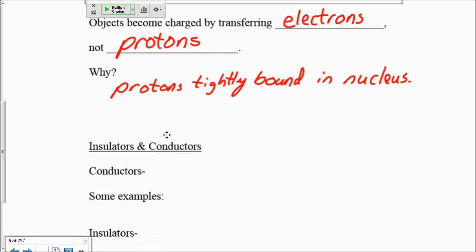All right, so insulators and conductors. In conductors, electrons move freely in response to other charges.